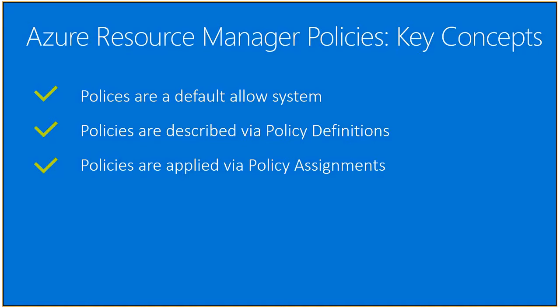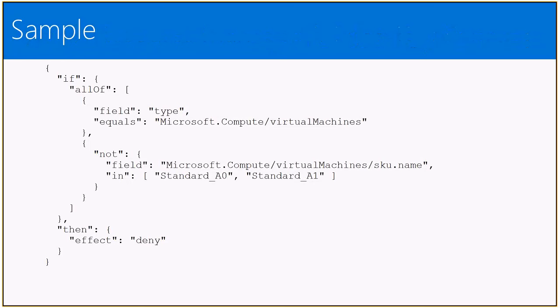Let's take a quick look at a sample of what a policy looks like. Here is a sample targeting virtual machines. It restricts your VM SKU, VM size, to just standard A0 and standard A1. You can see the schema starts with the if, and then it defines your conditions, the rules for when you want to do a deny.